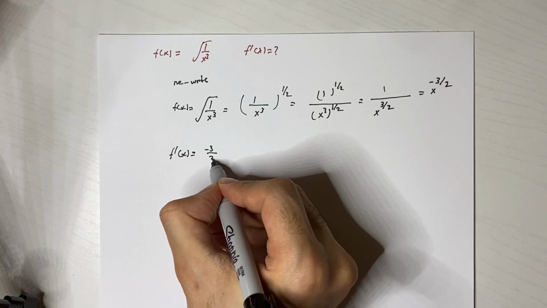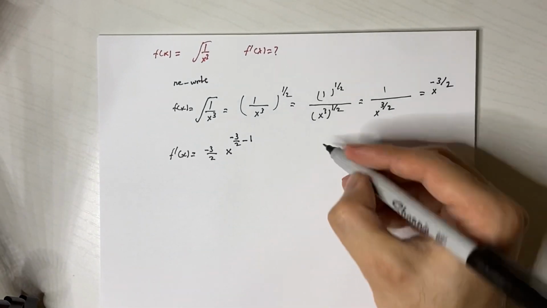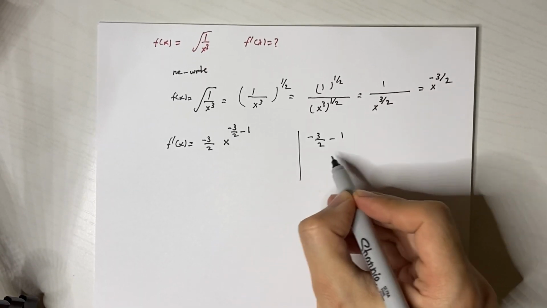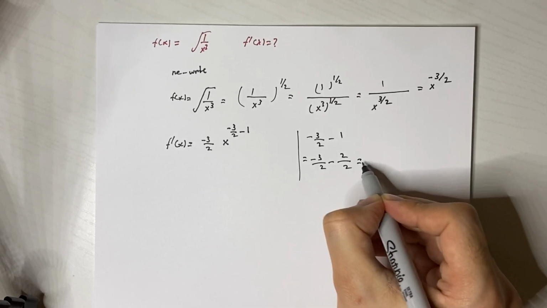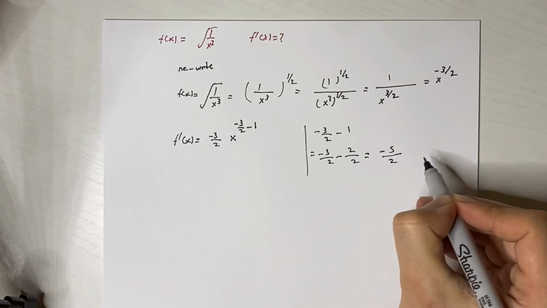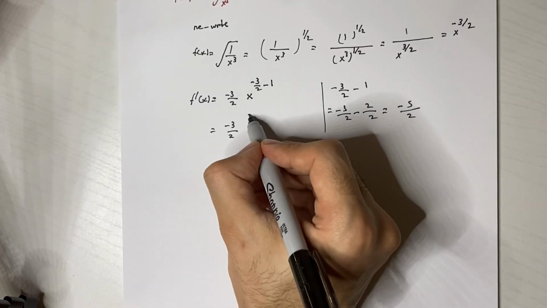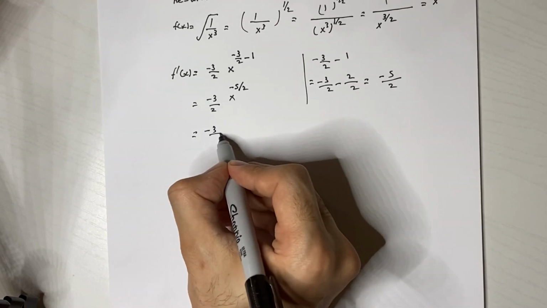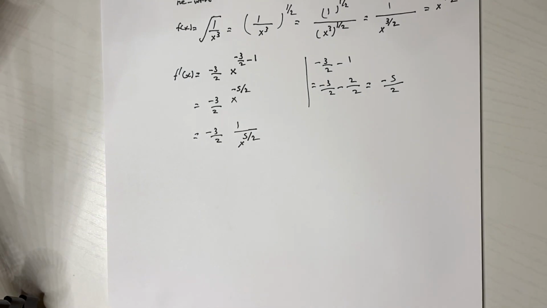So the negative 3 over 2 will go down and the power will be subtracted by 1. This also can be written this way, so we can get rid of the negative.